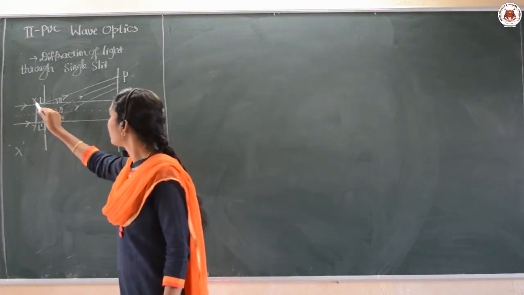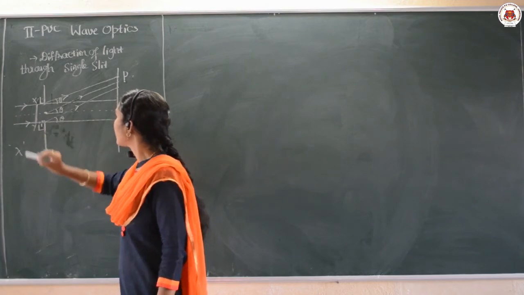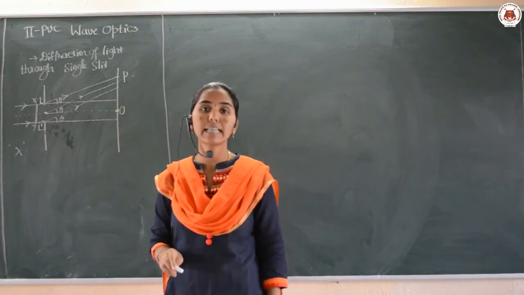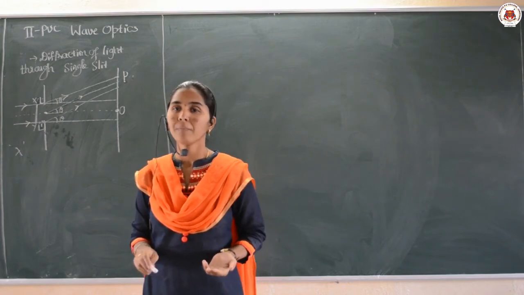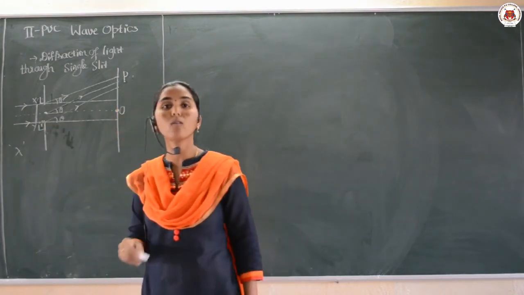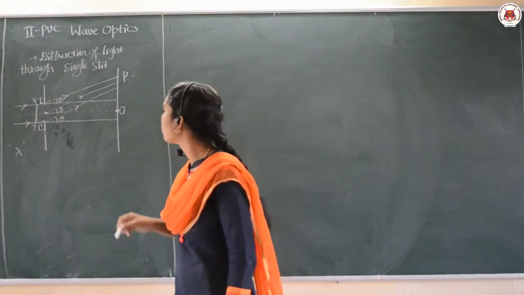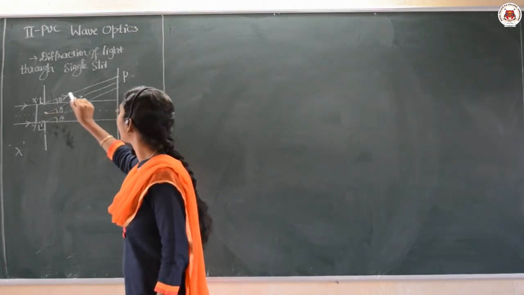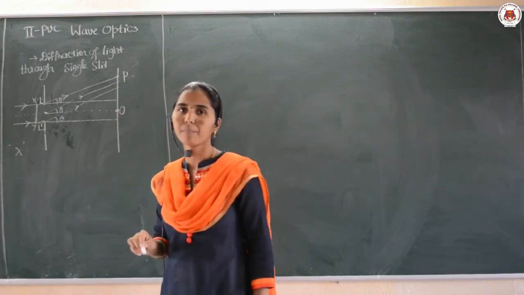Then when that plane wavefront reaches the edges of the slit here, it undergoes the bending phenomenon. The bending of the light around the edges of the obstacle is called diffraction of the light. Therefore, the diffracted rays of the light will meet at the point P here.